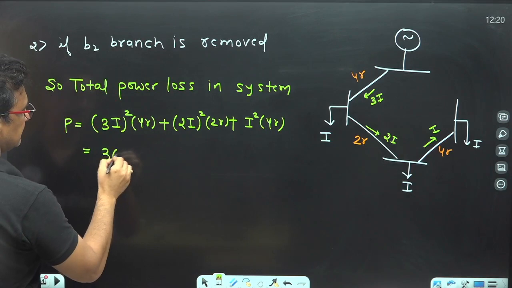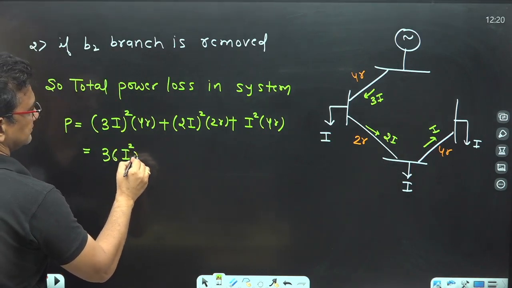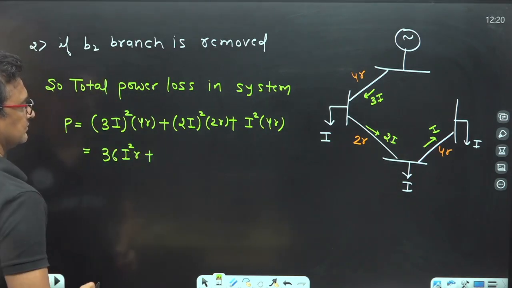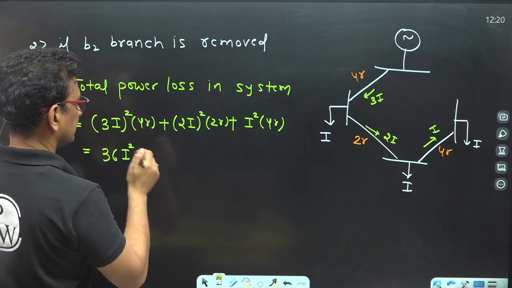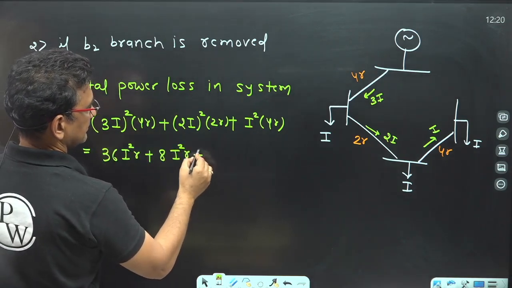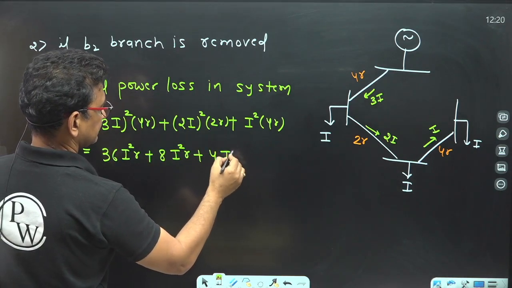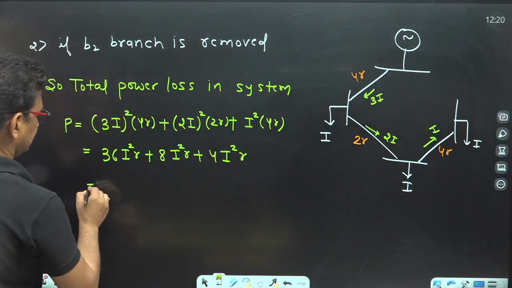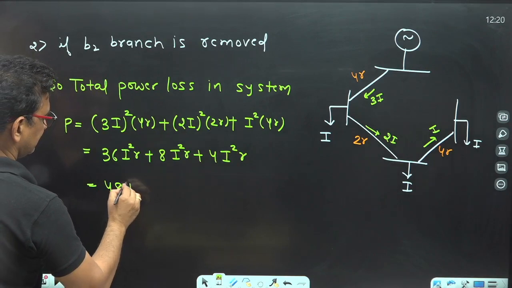So 36I square R, plus 8I square R, plus 4I square R. It is 48I square R.